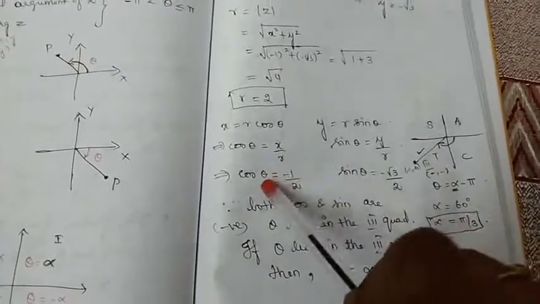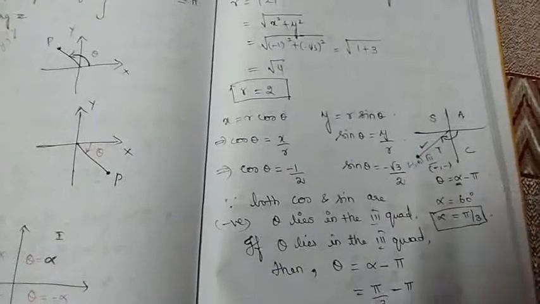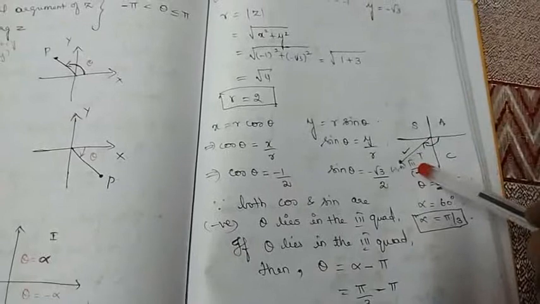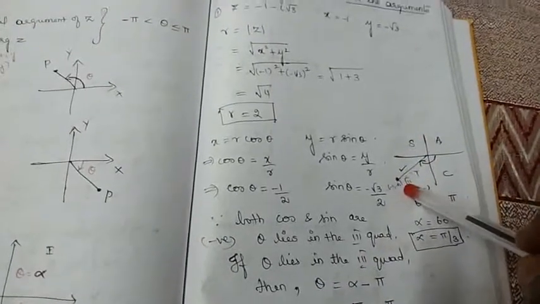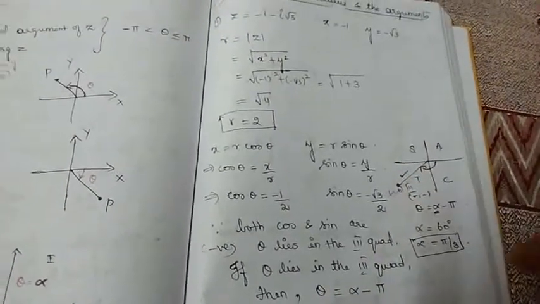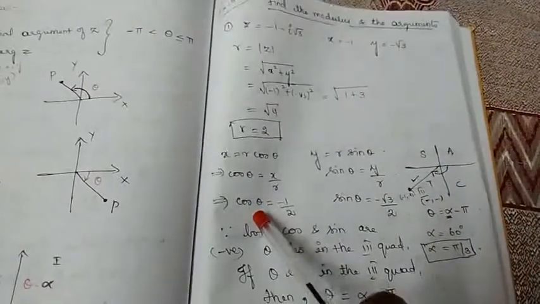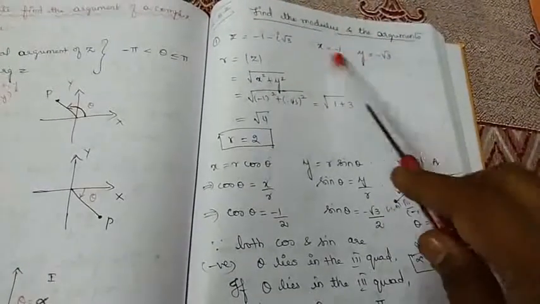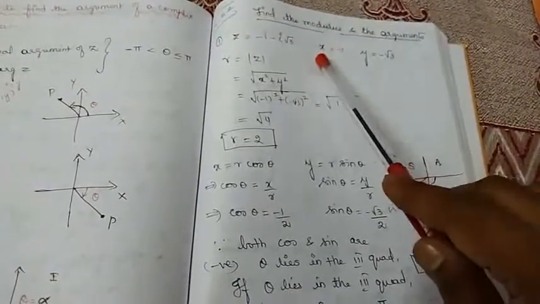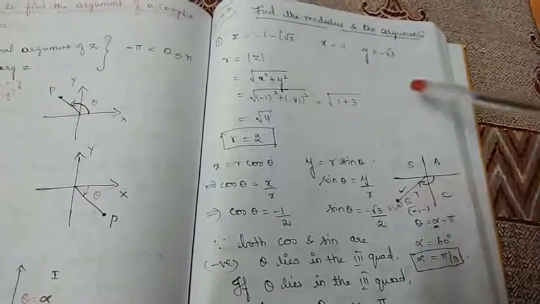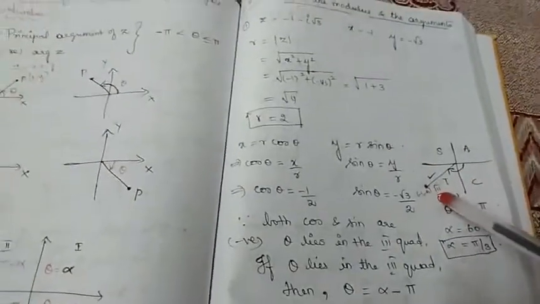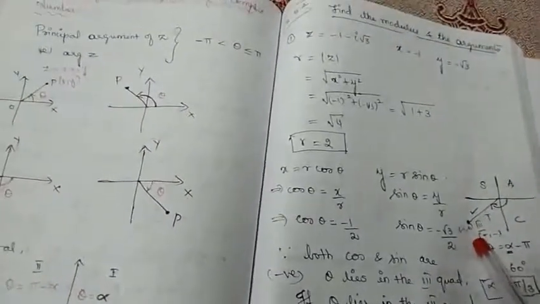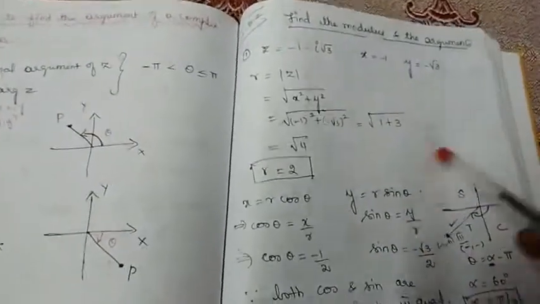Now if we see, both cos and sin are negative. In which quadrant will both cos and sin be negative? In the third quadrant. In the third quadrant only will both cos and sin be negative. You can identify the quadrant in two ways. One is you can check with the trigonometric ratio signs and then assign, or else you can check the signs of the x and y coordinates. x is also negative, y is also negative, so it will lie in the third quadrant only, because we locate a complex number based on the real and the imaginary part on the Argand plane.